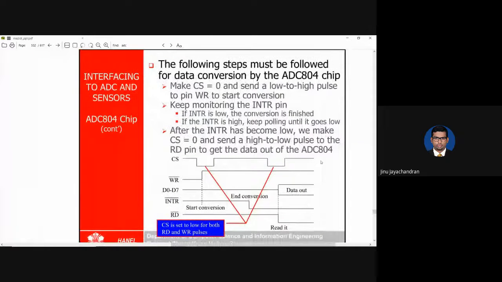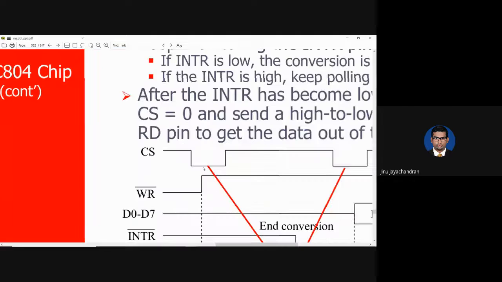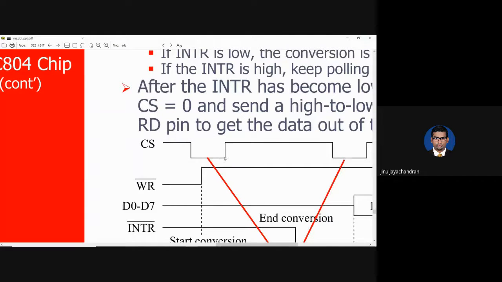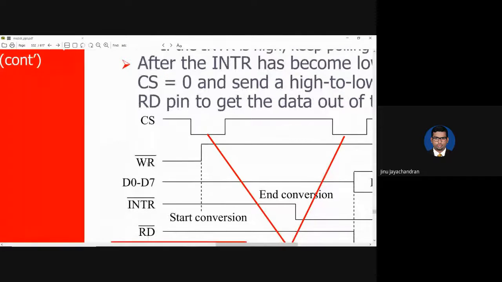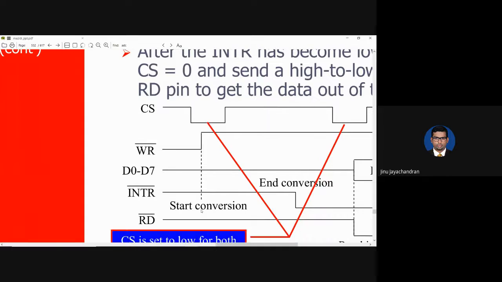So there are analog ground and digital ground that we have already seen. And then you have the control signals, which are chip select, write enable, read enable, and there's an interrupt. When the chip select goes from high to low, the chip is selected. When the write pin goes from low to high, the conversion has started.